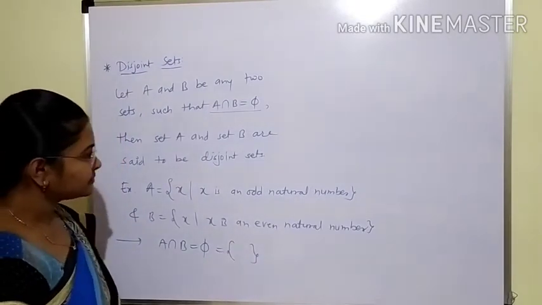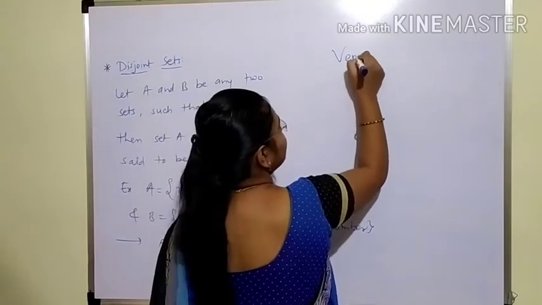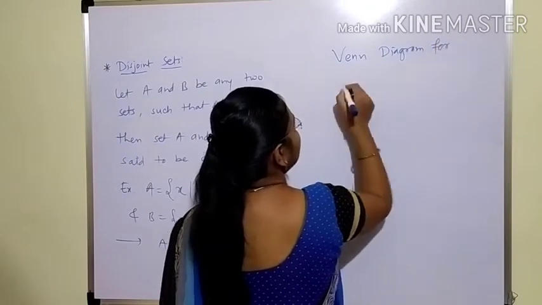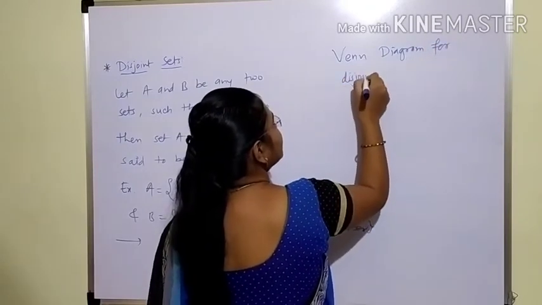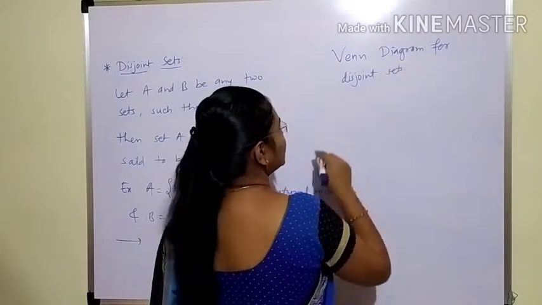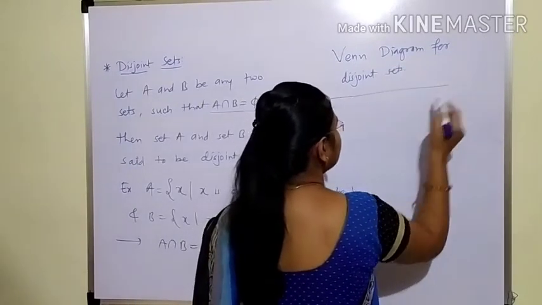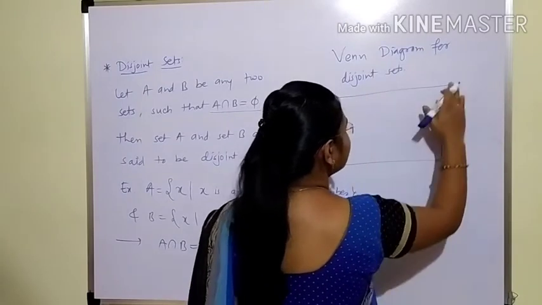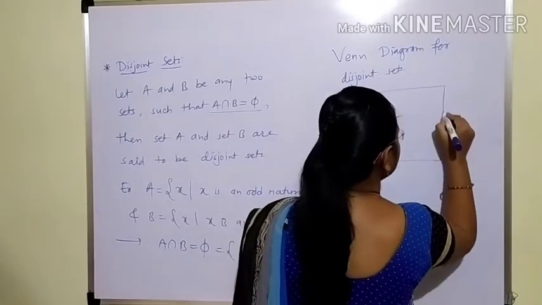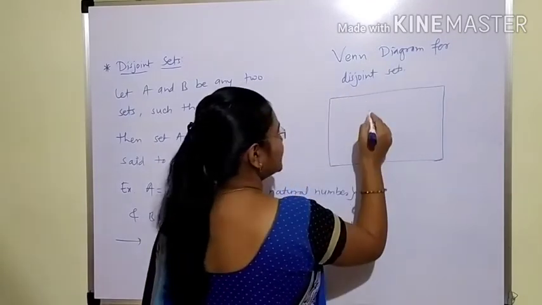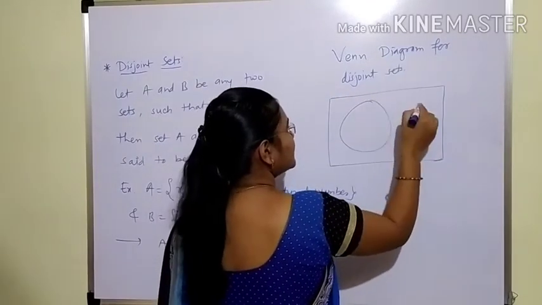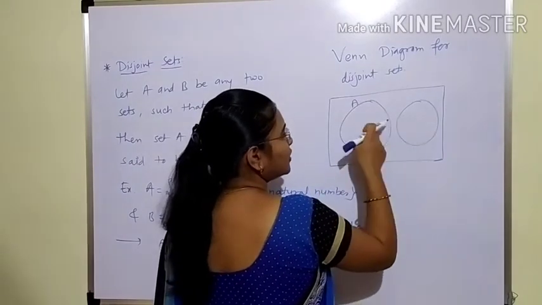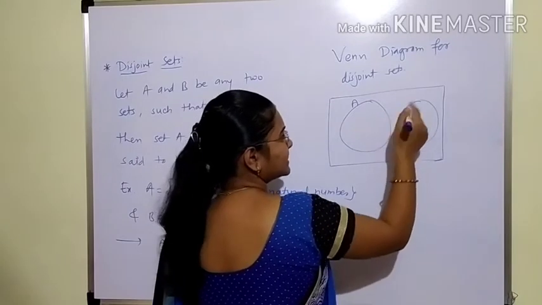Understood? Now Venn diagram for disjoint sets. Now we have taken these two sets A and B as disjoint sets. Then we'll draw separate circles for both the sets so that they are not overlapping or intersecting each other.